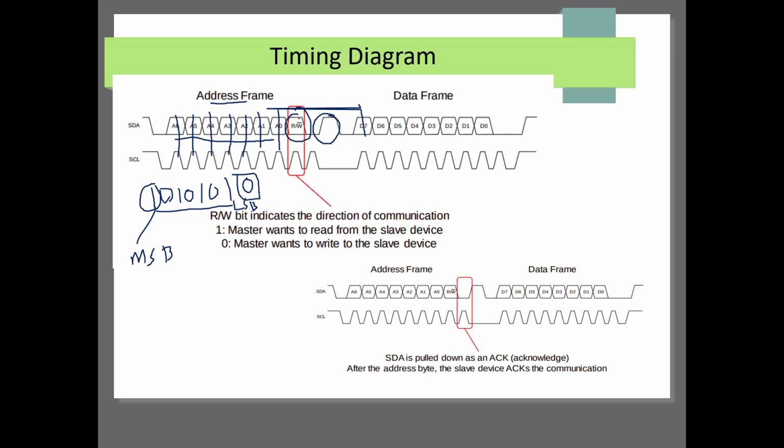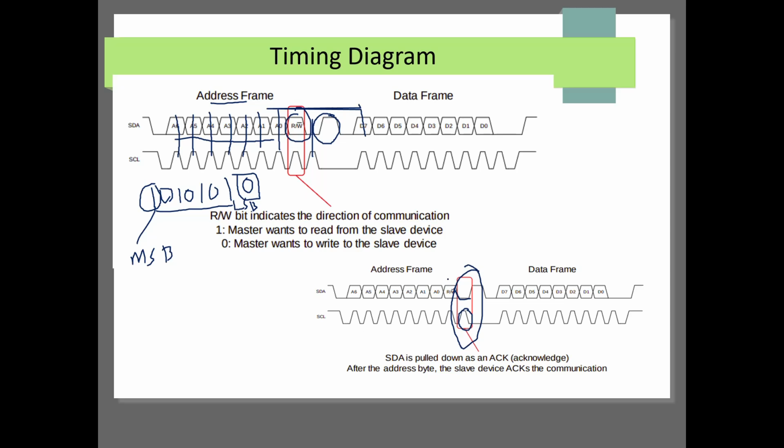See, after the read or write bit, it stays low while the clock is high. At that time, the acknowledgement is sent. This red mark indicates that after the read or write bit it stays low and then the clock is high. That means they are sending the acknowledgement and receiving the data perfectly.